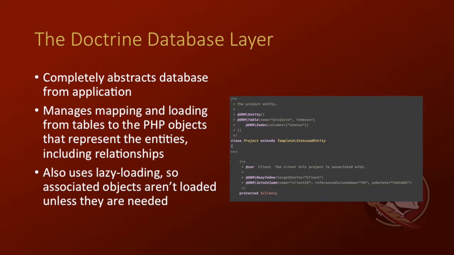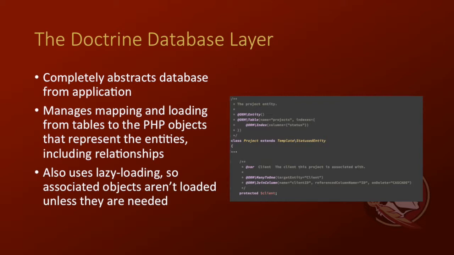A project has a client property, which holds not an ID or any other plain field value like that, but actually holds a pointer to the client object that owns it. And on the flip side, the client object has a projects property, which holds a collection of all of the project objects that it owns.